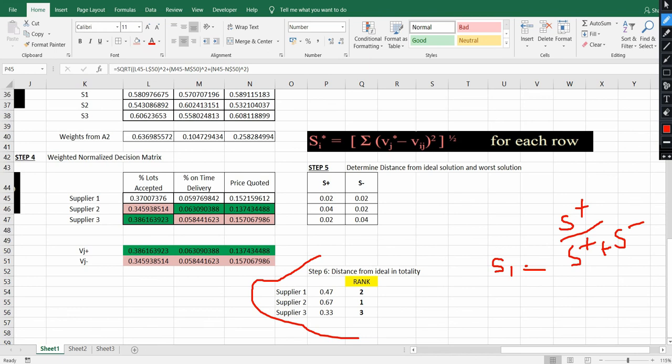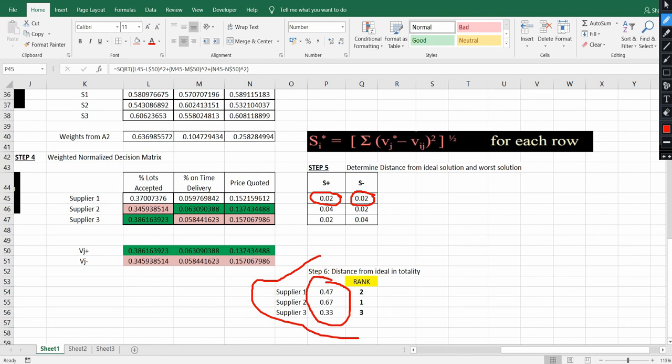This is the formula you will use for supplier 1, supplier 2 as well as supplier 3. The value of S plus for supplier 1 is 0.02 and the value of S minus for supplier 1 is 0.02. Okay, so in this way we have calculated the values for supplier 1, supplier 2 and supplier 3, right? These represent the distances from the ideal solution in totality.